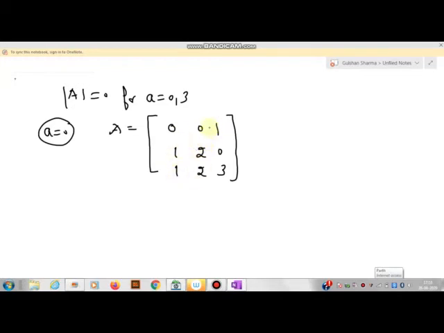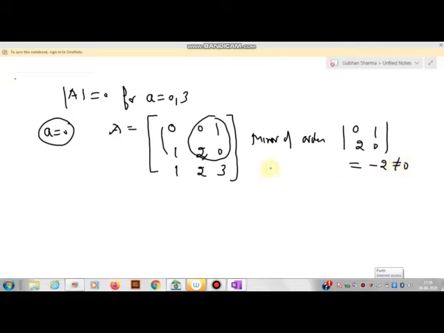Look at this minor of order 2, that is 0 1 2 0. When you calculate this one, you get minus 2, which is non-zero. So a minor of order 2 is non-zero, so the rank of A is 2.